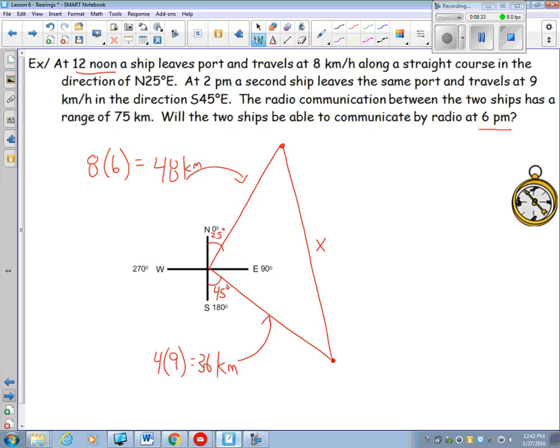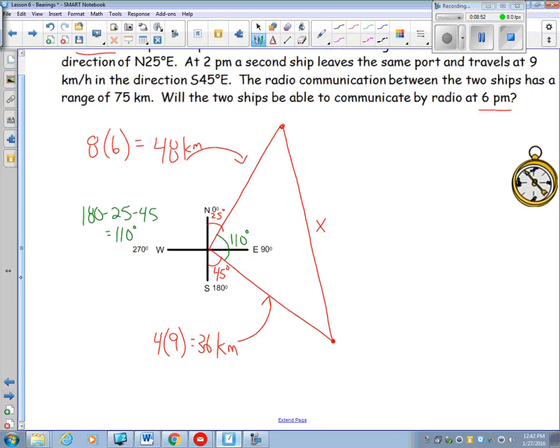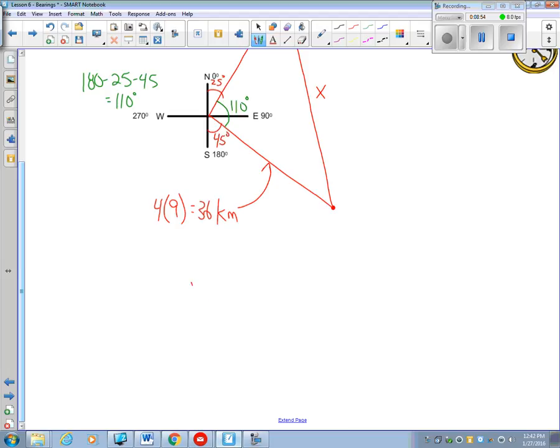We still need that angle in the middle. Good news is I know south and north are 180 apart, so I can take my 180 and subtract my 25 and my 45, and I know the angle in between has to be 110. It's again set up for the cosine law, as most bearing questions are. So we are going to do x squared equals a squared.